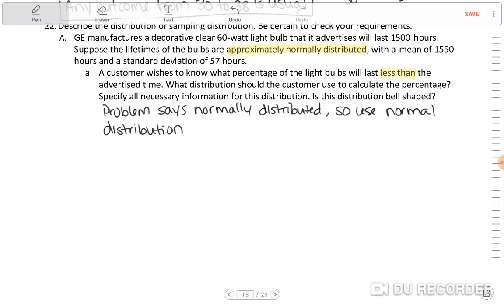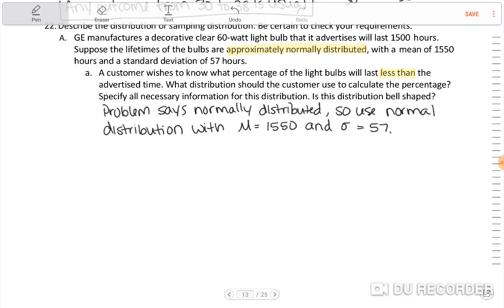Okay. And so use normal distribution with mu equal to 1,550 and standard deviation equals 57.